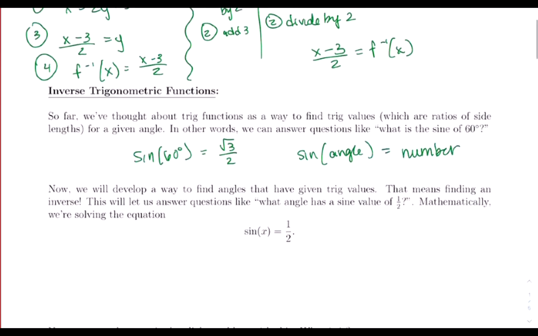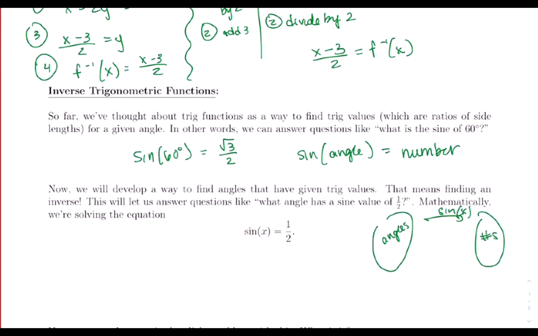So your picture would look like this for sine. These would be angles to numbers for sine of x. So sine of 90 degrees, sine of 120 degrees, sine of 60 degrees, whatever. It takes those angles and gives you the sine value at the angle. So it's giving you a number at that angle.